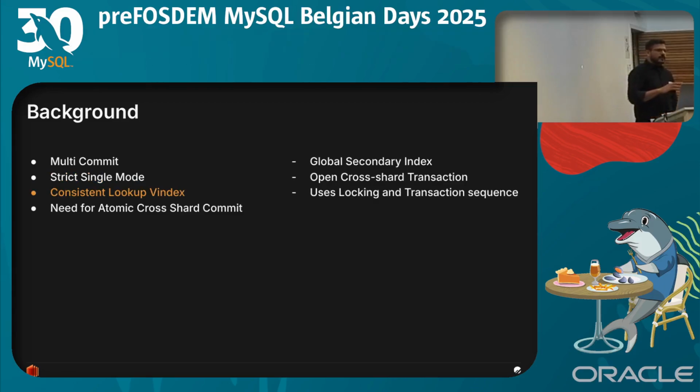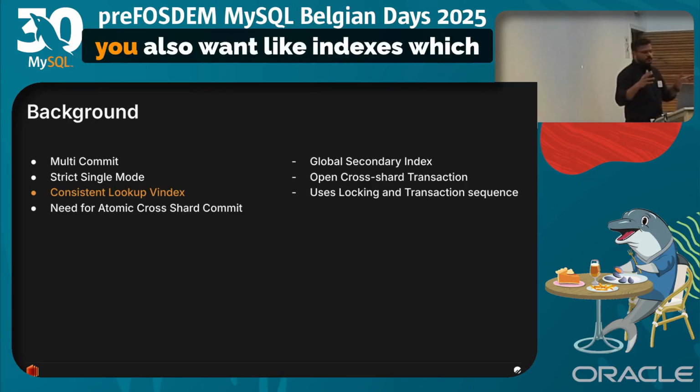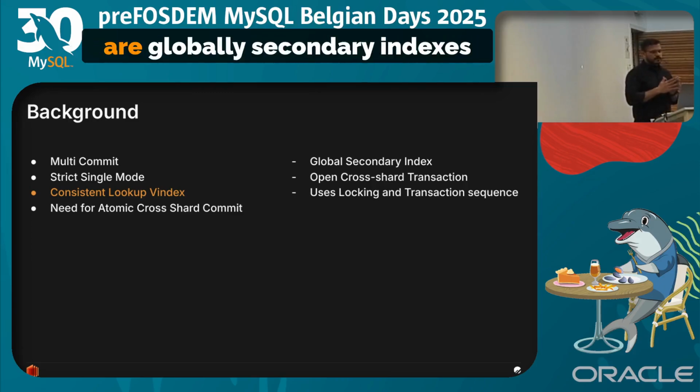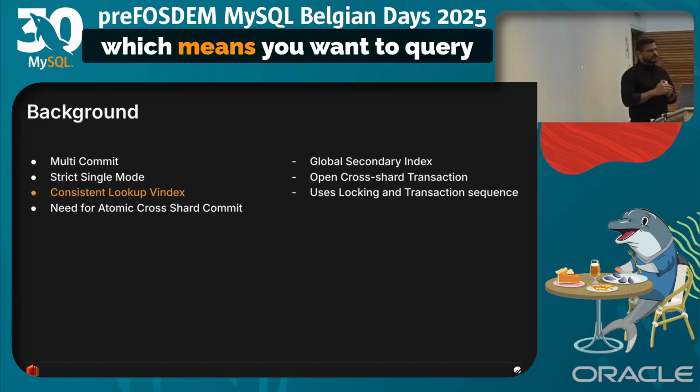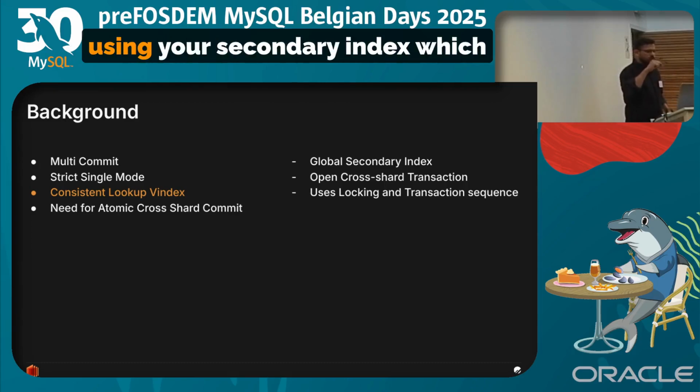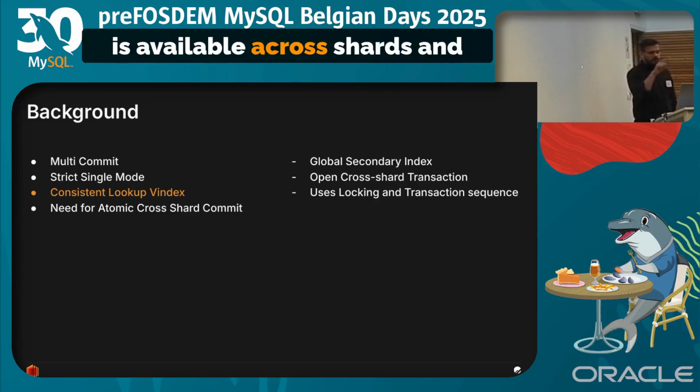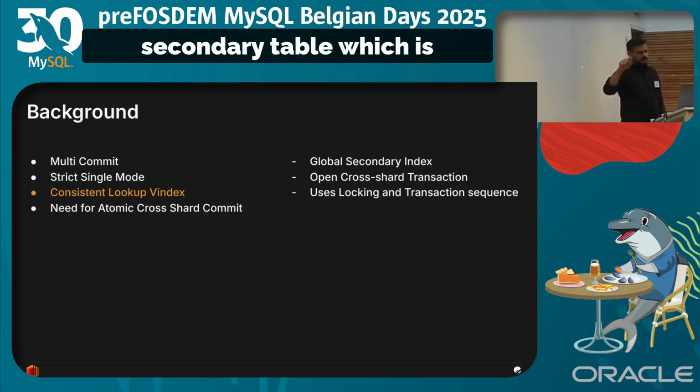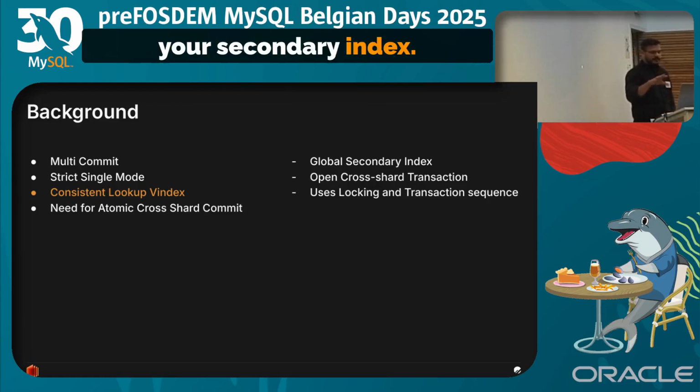But this is not enough, because when you have sharded, you also want globally secondary indexes, which means you want to query using your secondary index, which is available across shards. In fact, just inserting into your main table, you'll end up inserting into a secondary table, which is your secondary index, and that can again span multiple shards.